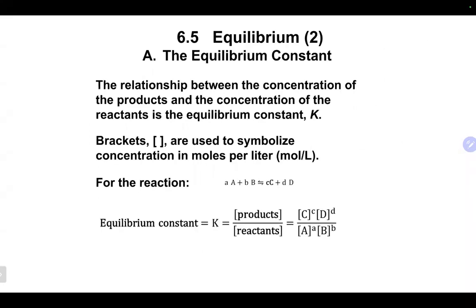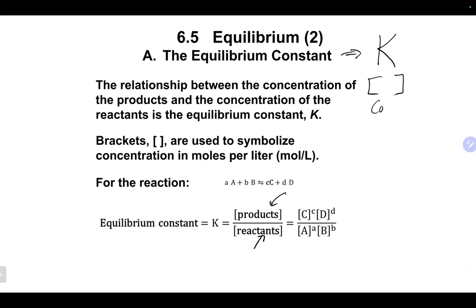There is a relationship for these types of reactions that is known as the equilibrium constant, and that is abbreviated with a capital K. To calculate the equilibrium constant, you take the concentration of the products divided by the concentration of the reactants. That is what the little bracket means.